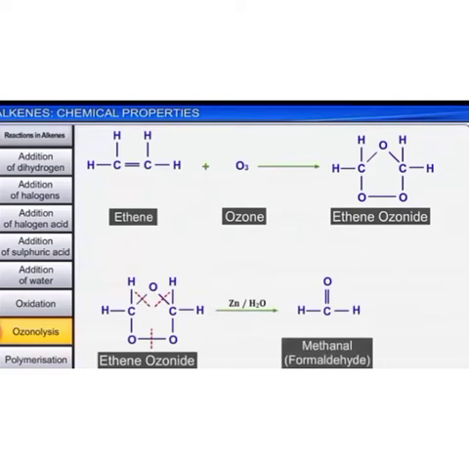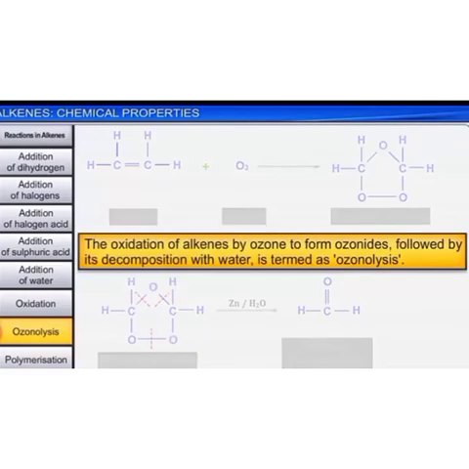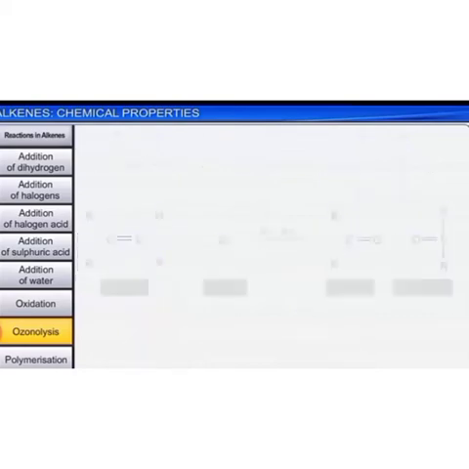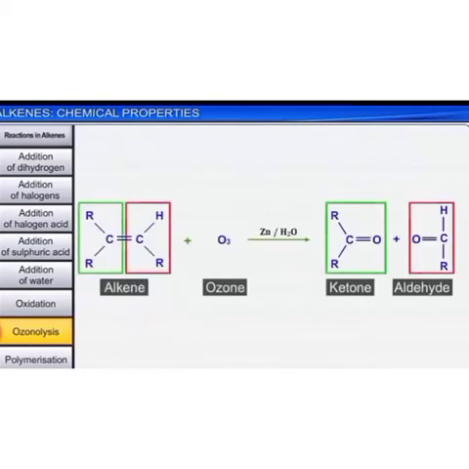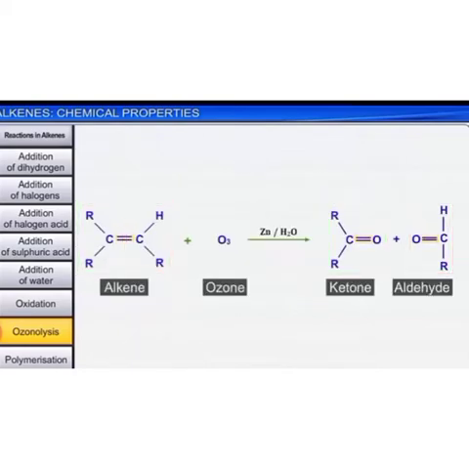The oxidation of alkenes by ozone to form ozonides, followed by its decomposition with water, is termed as ozonolysis. This reaction is useful in locating the position of the double bond in an unsaturated molecule. Let us look at another example of ozonolysis reaction of propene.